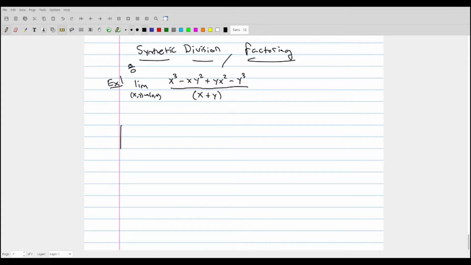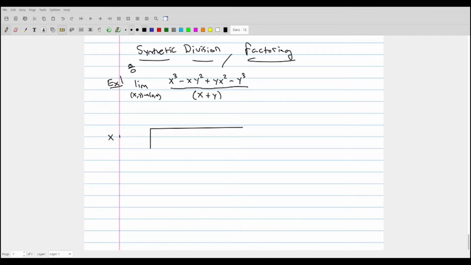So if you remember how to do long division, hopefully, from either a pre-calculus course or from an arithmetic course, we can do this with polynomials.